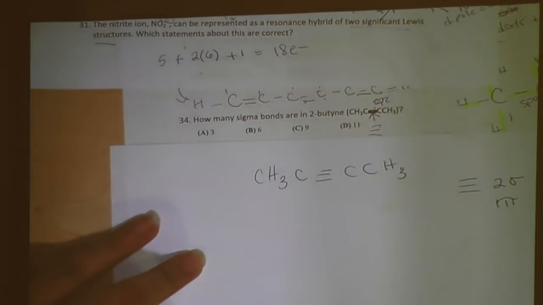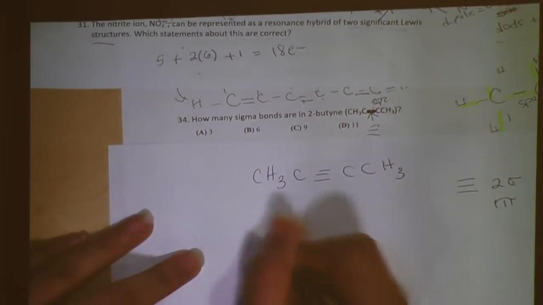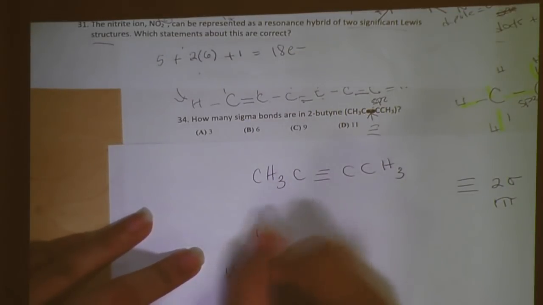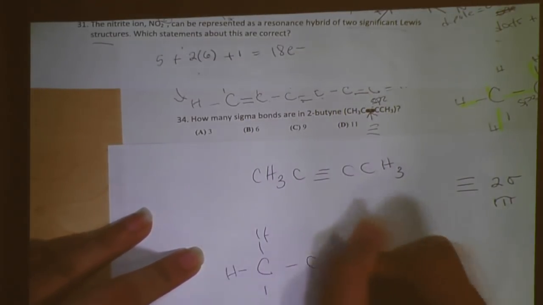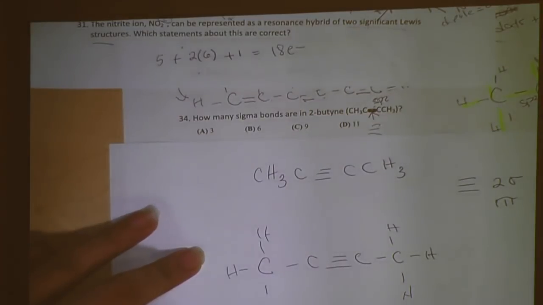Okay? So let's draw it out completely. So you have a C, 1, 2, 3 H's, to a C, triple bonded to a C, to a C, 1, 2, 3 H's. Right? So now, let's look at how many sigmas and how many pi's I have.